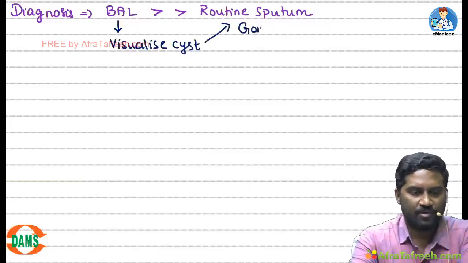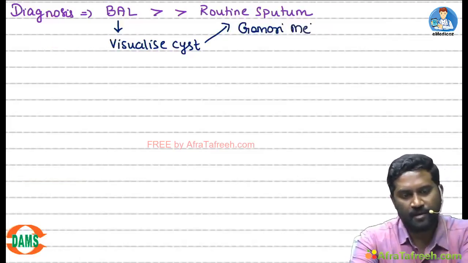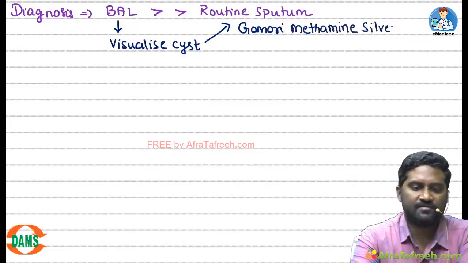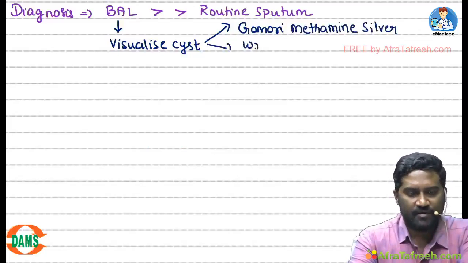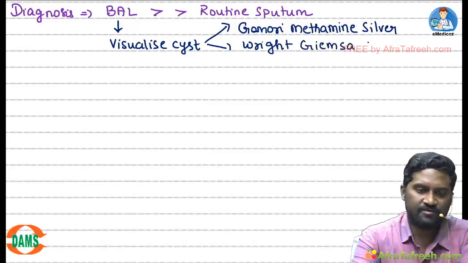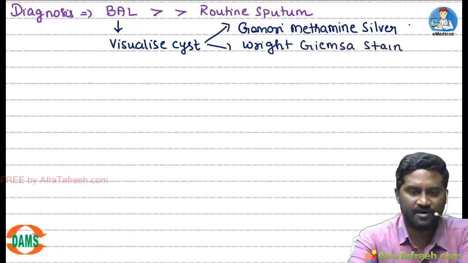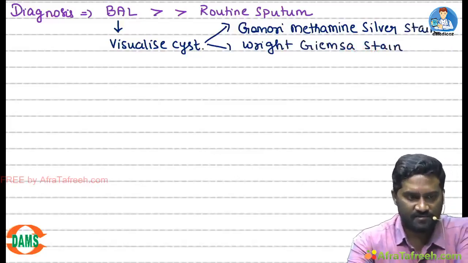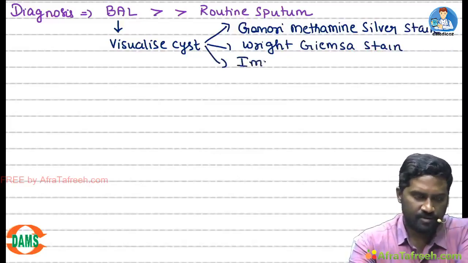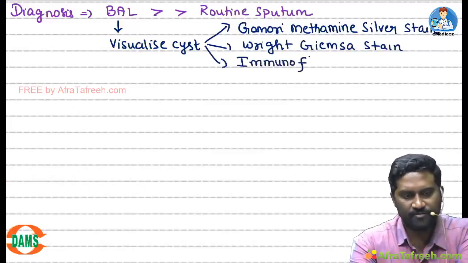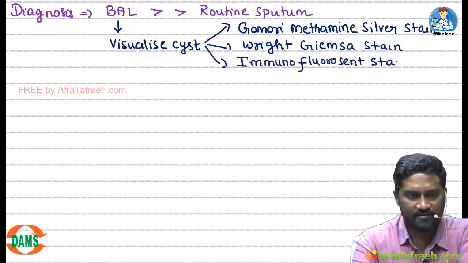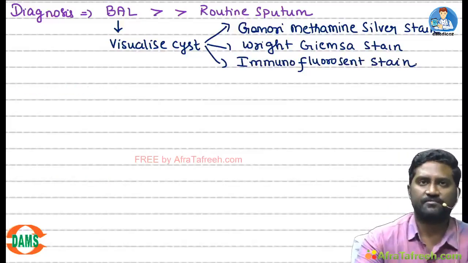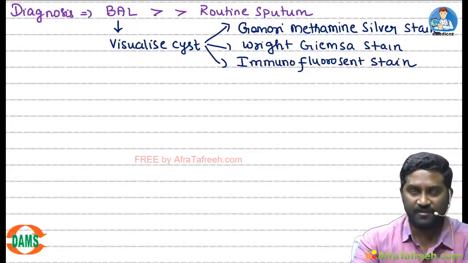We have Gomori methenamine silver stain, we have Giemsa stain, or the advanced immunofluorescent staining. With this I am going to visualize the cyst.